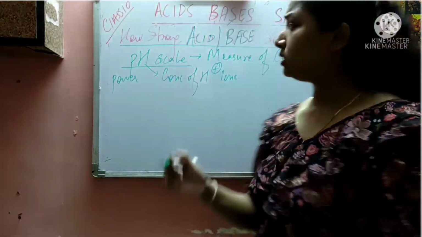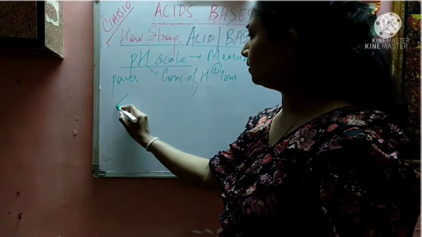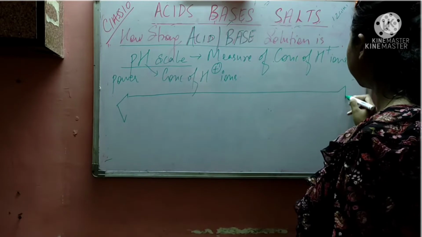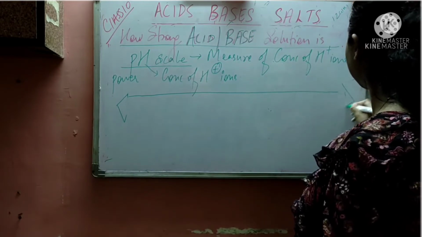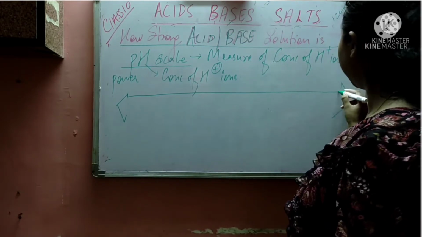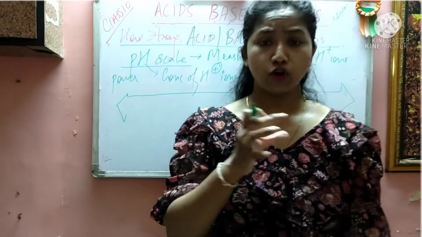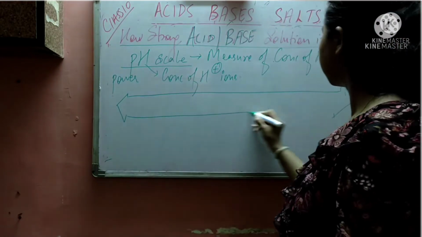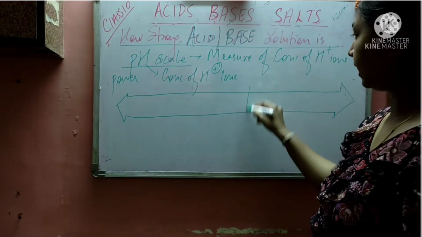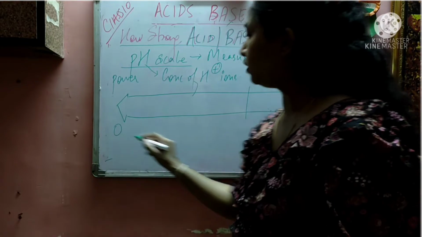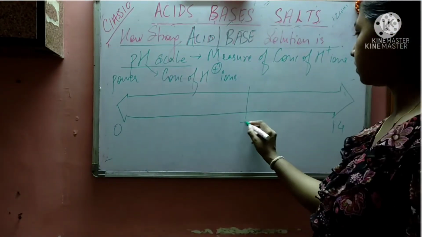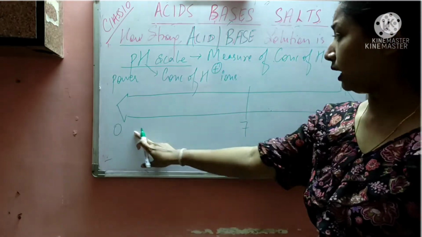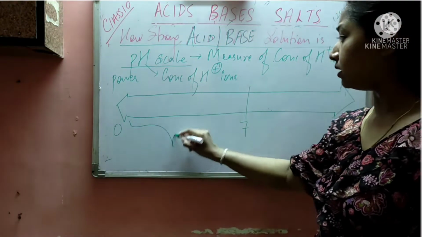Okay, fine. Now there is a scale like this, the pH scale, which lies from 0 to 14.